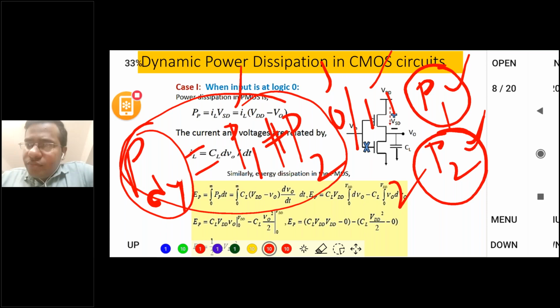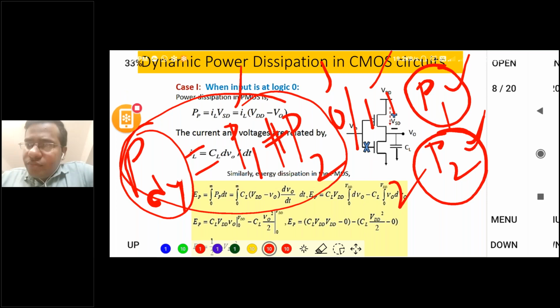This is known as the dynamic power dissipation, because the power dissipation depends on the input logic. If your input logic is switching, maybe 0 now and 1 after some time, then power is dissipated in the circuit, and that is the dynamic power. It is totally related to the input logic state. If your input logic is not changed, that is a static power dissipation, as I said in the previous lecture.